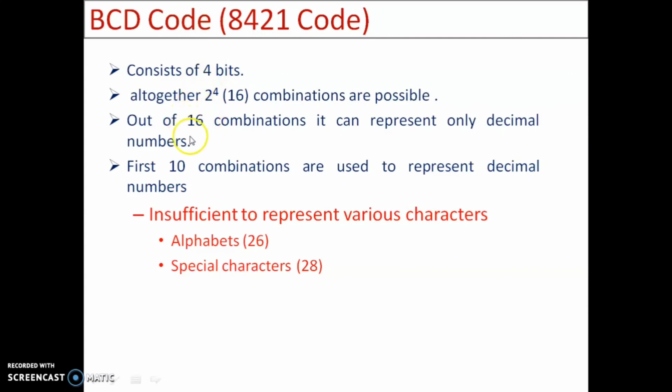So this 4-bit BCD was insufficient to represent 26 alphabets and 28 special characters, because only 16 combinations are possible. Hence, the first 10 combinations are used to represent decimal numbers.